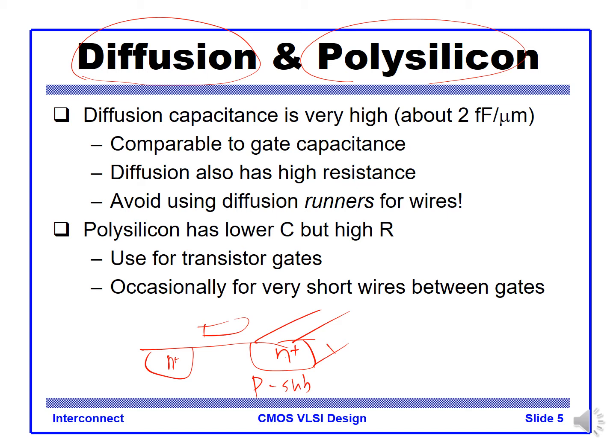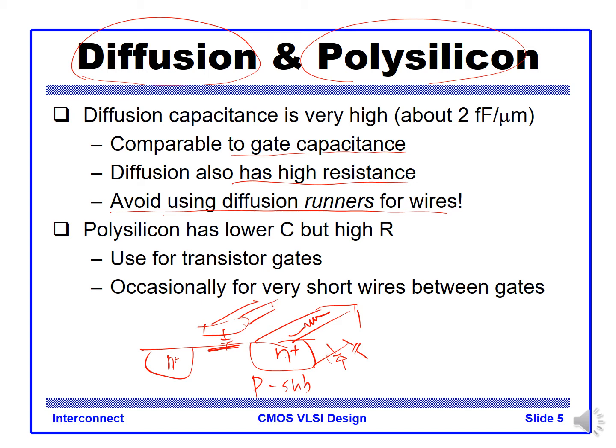It has a very high capacitance from the parasitic diode, which is quite comparable, meaning similar, to the gate capacitance. Also, it has high resistance. It doesn't have a low resistance like metal. So for long distances, we should avoid using diffusion for signal routing.